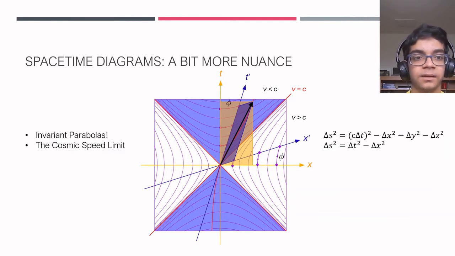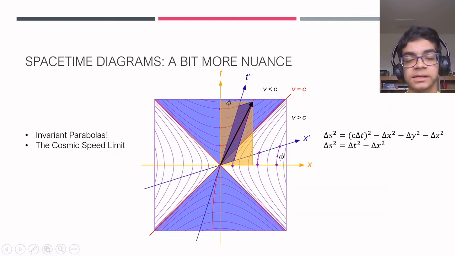Additionally, we can look at the cosmic speed limit from this graph as well. If you look at all of the invariant curves right here, you'll notice that none of them ever cross the line v equals c, represented by the pairs of red lines crossing the graph.